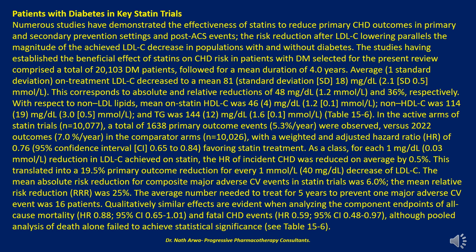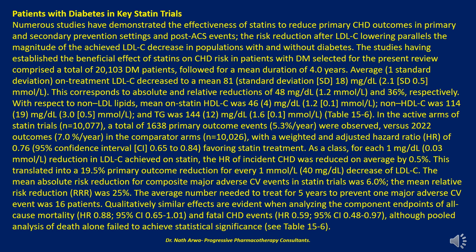As a class, for each 1 mg per deciliter, 0.03 millimole per liter, reduction in LDL-C achieved on statin, the hazard ratio of incident coronary heart disease was reduced on average by 0.5%.